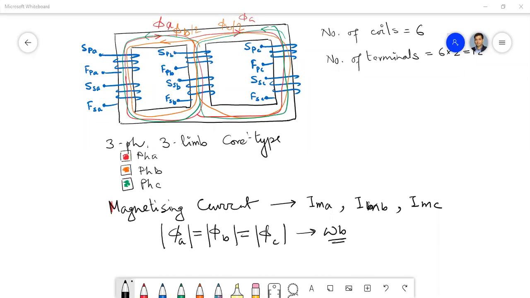Who generates the flux? ফ্লাক্স কিভাবে তৈরি হয় জানো? অল্টারনেটিং কারেন্টের জন্য ফ্লাক্স তৈরি হয়। কারেন্ট মাত্রই ফ্লাক্স তৈরি করতে পারে। What is the mechanism behind it?